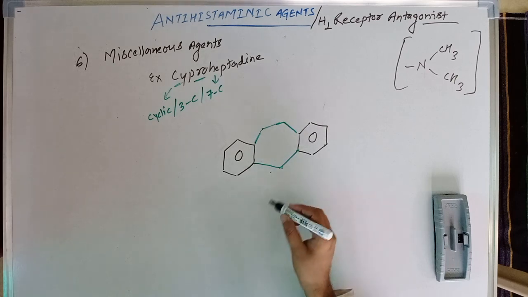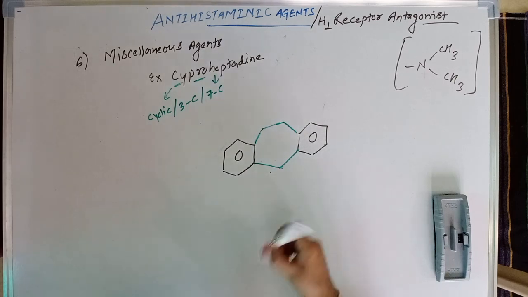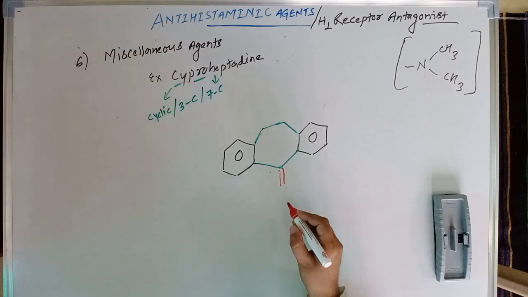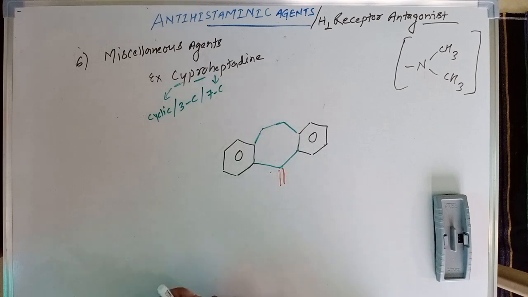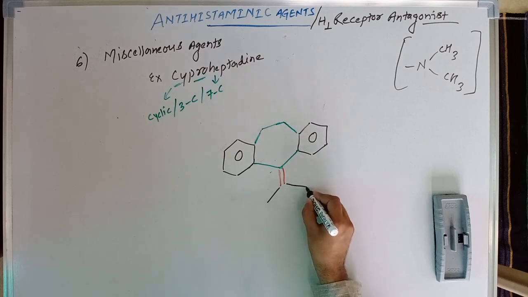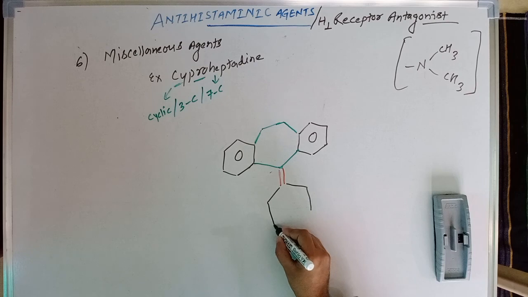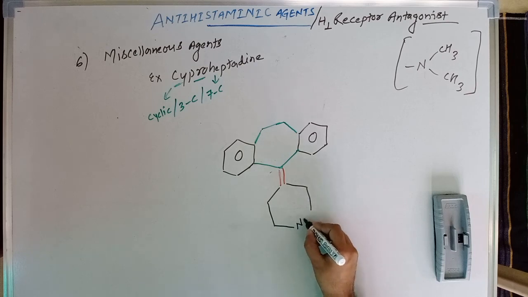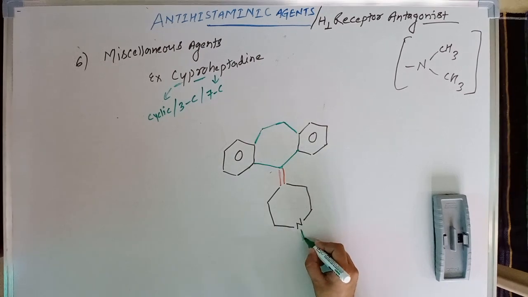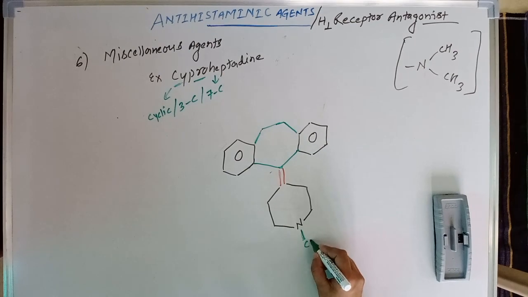Now you have to memorize only this: that this heptacyclic ring is attached to a pyridyl nucleus over here, and you know this terminal nitrogen is always tertiary.